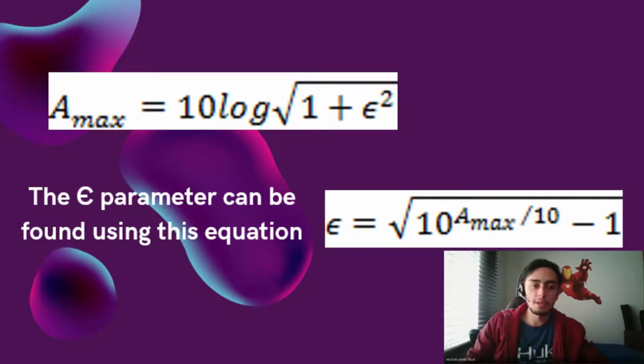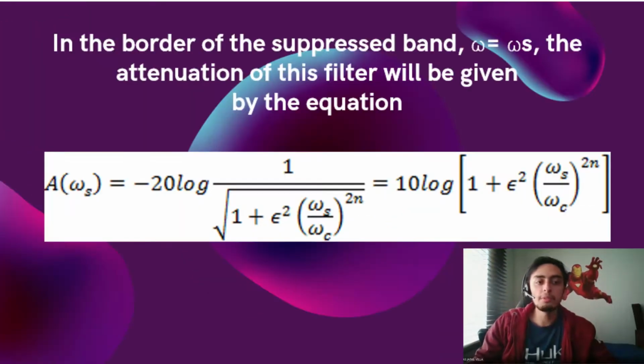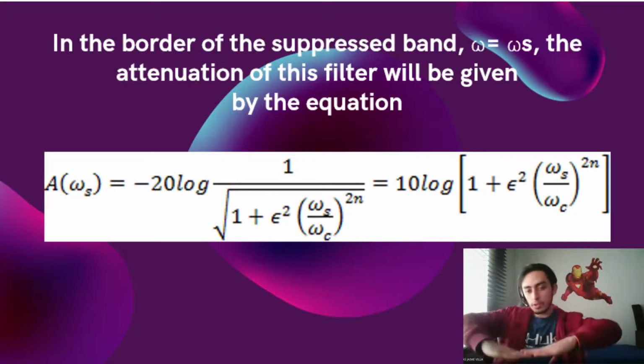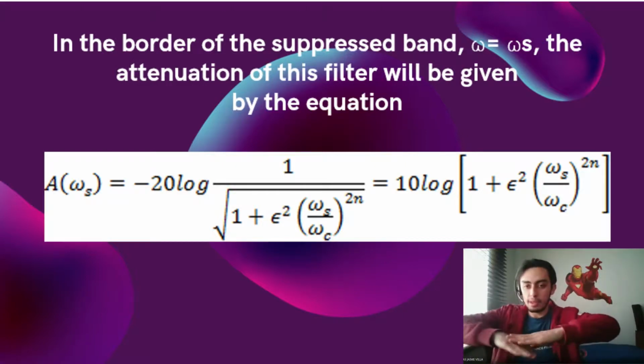The first 2n minus 1 derivatives of the transfer function can be proven to have zeros at w equals 0. This property makes it flat near w equals 0.